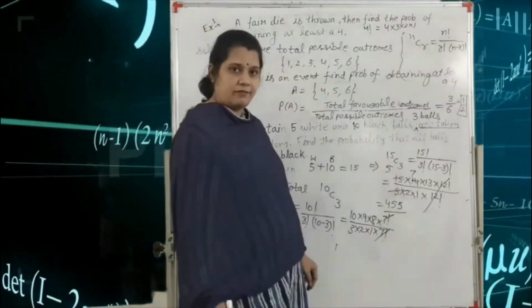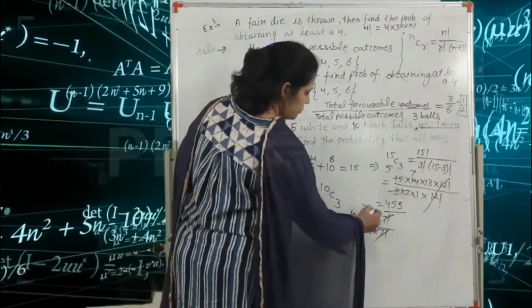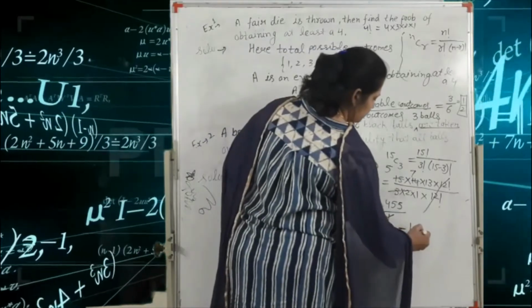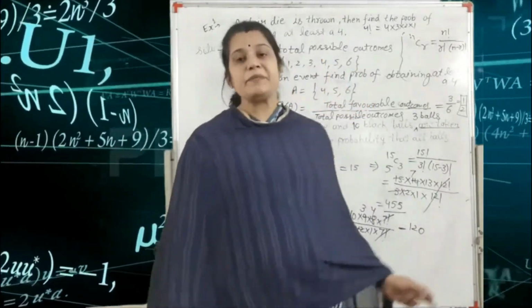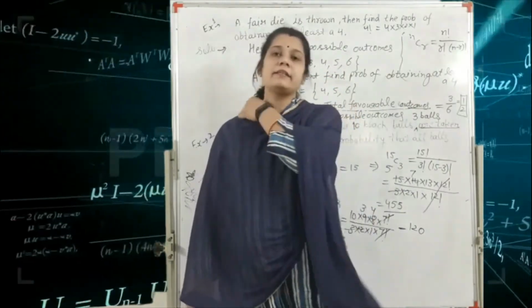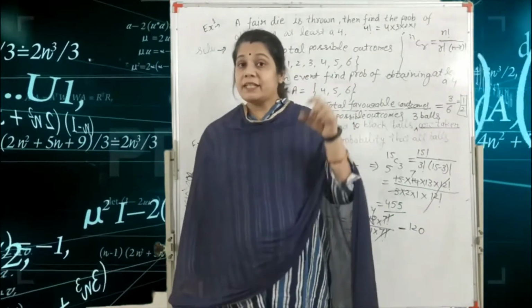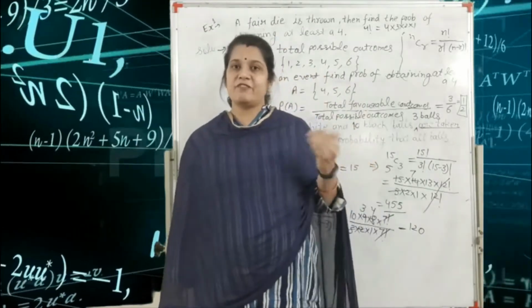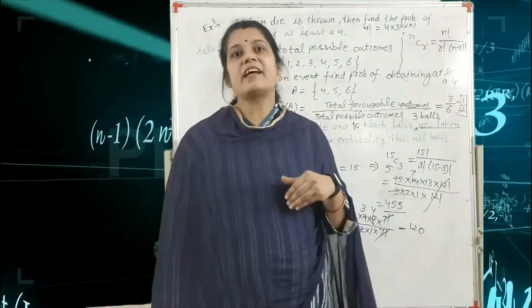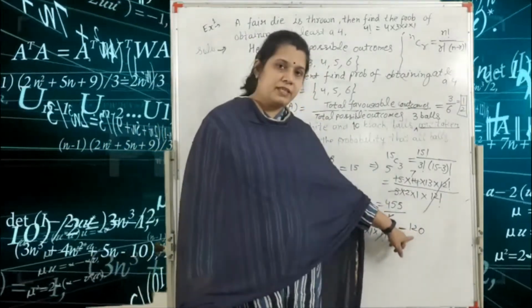Cancel factorial 7, and 3 3s are 9, 2 4s are 8 and so on. So the total is 120. That means the total exhaustive event, or total possible outcomes, is 455, but the total favorable event, for finding 3 black balls, is 120.